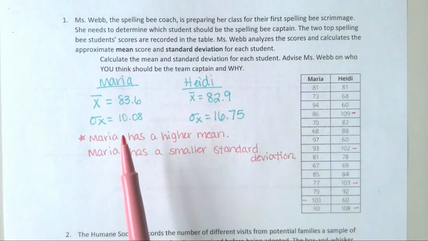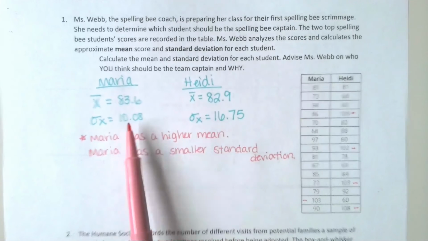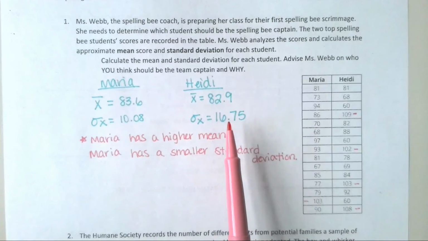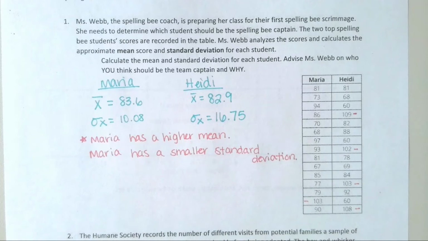So this standard deviation tells us approximately how spread out our data is. Because Heidi's standard deviation is larger, that means that her data points are spread out. She has more higher numbers and more lower numbers.